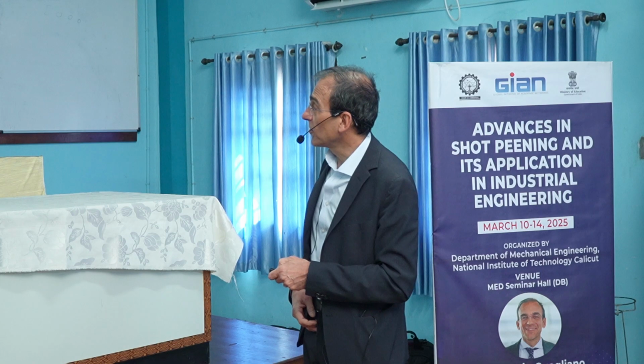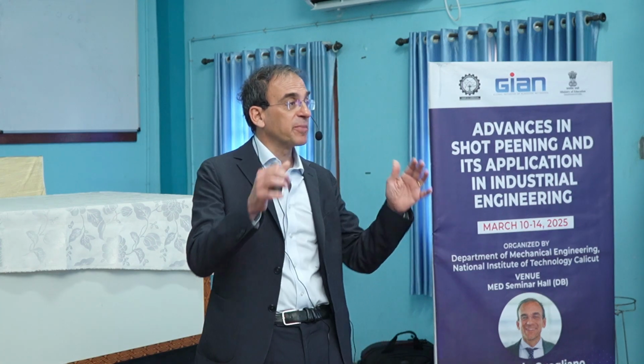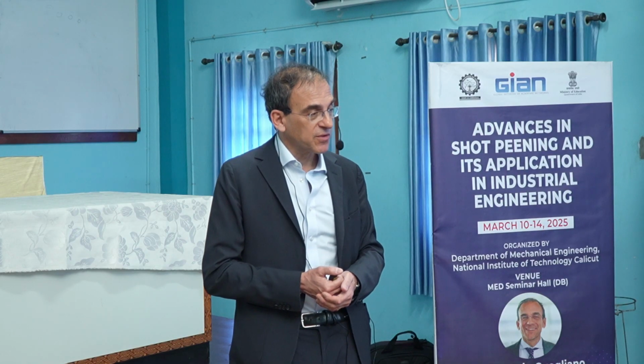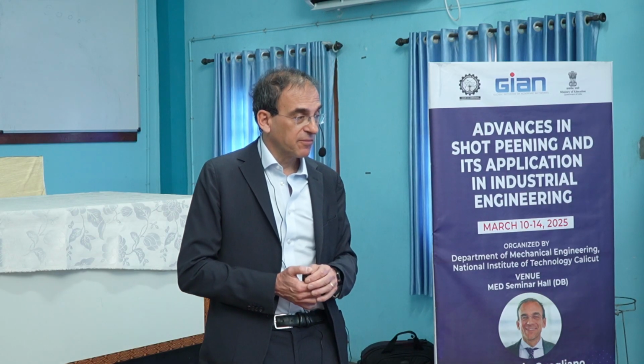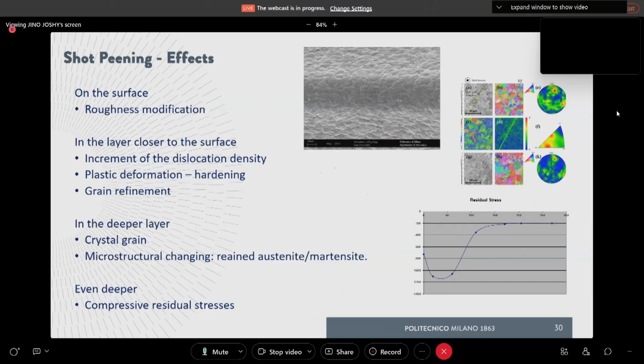There is also, of course, plastic deformation with hardening. This is a macroscopic effect that is due to the impact with enough kinetic energy. And about grain refinement, this can be obtained in a noticeable way, not just in a very thin layer of material where severe parameters are not used.